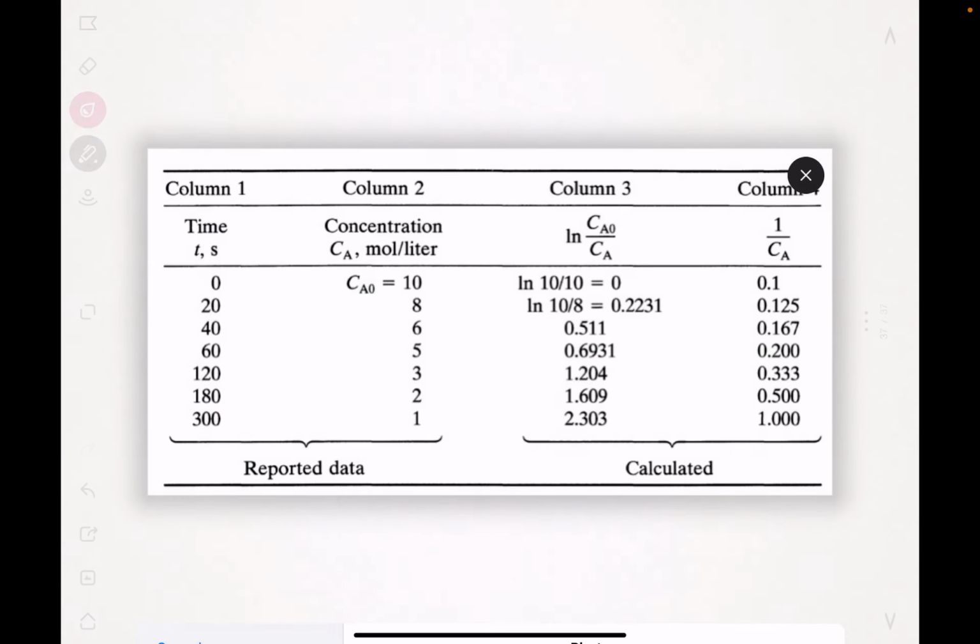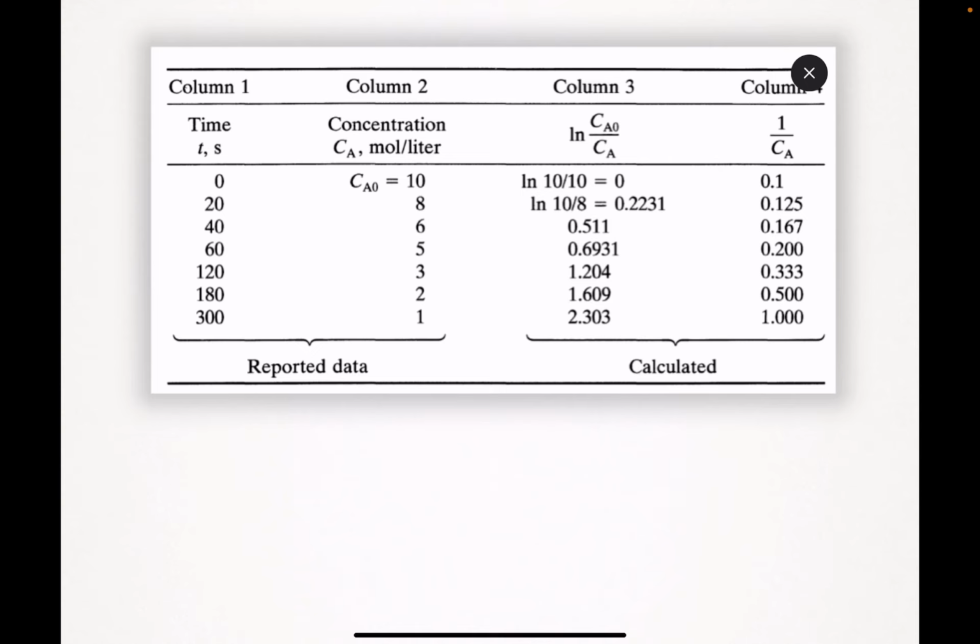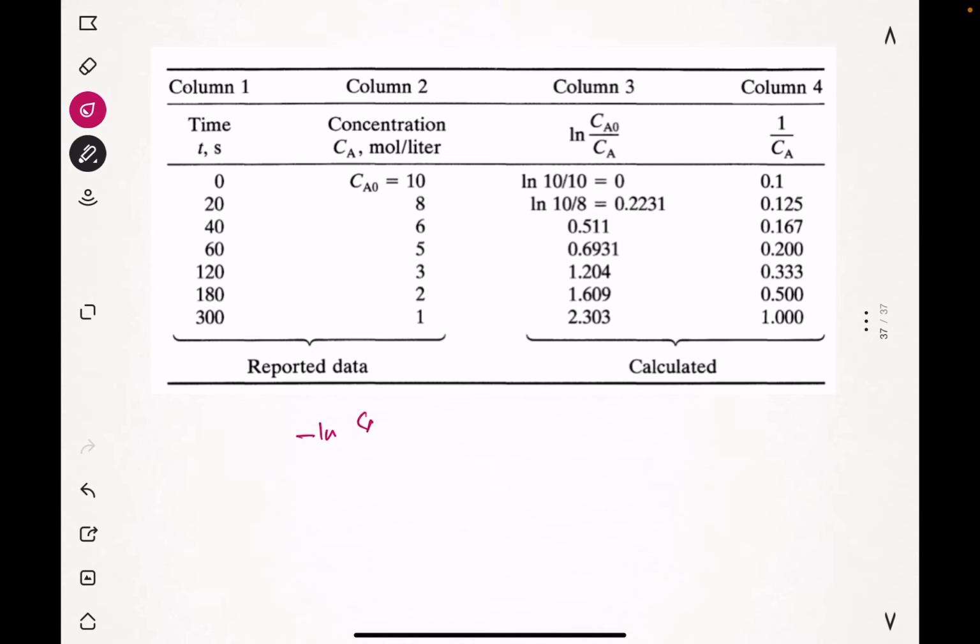So finding ln CA or 1 over CA is not very complicated. So if we look in here, again, I'm writing down the expression. For first order, we have ln CA by CA naught equals kt, which can be rewritten as ln CA naught by CA equals kt.